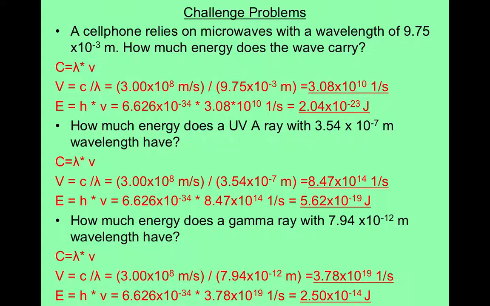So if you look at the energy numbers, the energy carried there is 2.04 times 10 to the negative 23rd joules. And for the gamma ray, it's 2.50 times 10 to the negative 14th joules.